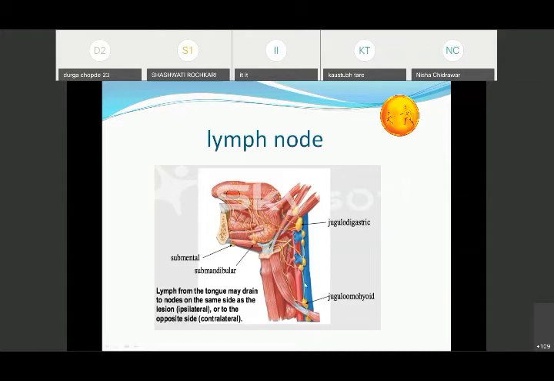So here you can see the common carotid artery, its division, the internal jugular vein, and these are the deep cervical group of lymph nodes: the jugulo-digastric, which are present just below the posterior belly of digastric muscle, and below the superior belly of omohyoid, you see the jugulo-omohyoid group of lymph nodes. So these are the contents of the carotid triangle.